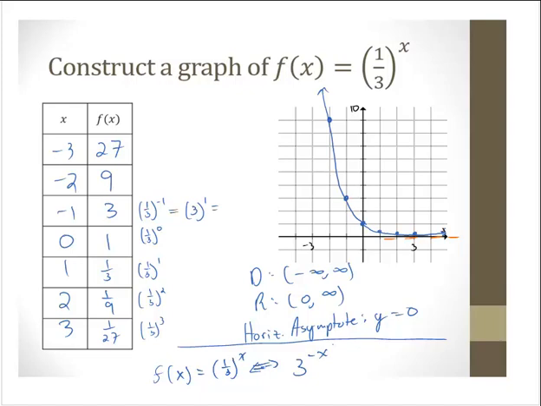And so if you think of what we talked about in Chapter 3 with transformations, if I replace x with a negative x, that's a horizontal flip. And we can see that in this graph.